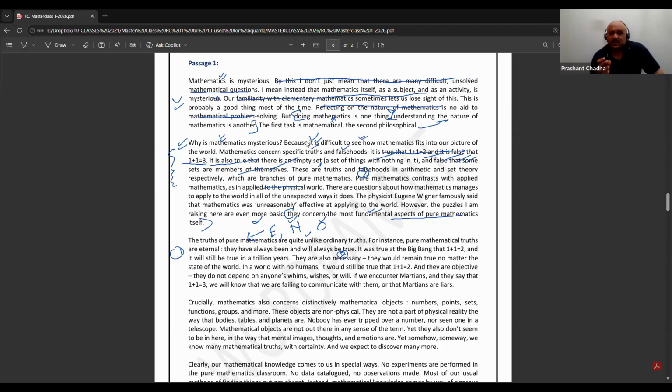Now, in this particular case, what is the tone of the author of the passage? Subjective or objective? What is the tone of the author of the passage? Because these are two tones as well, objective and subjective, right? Let me also put it in another way.